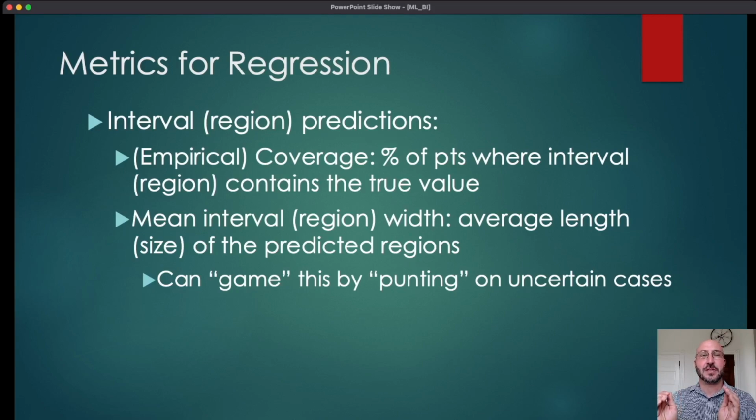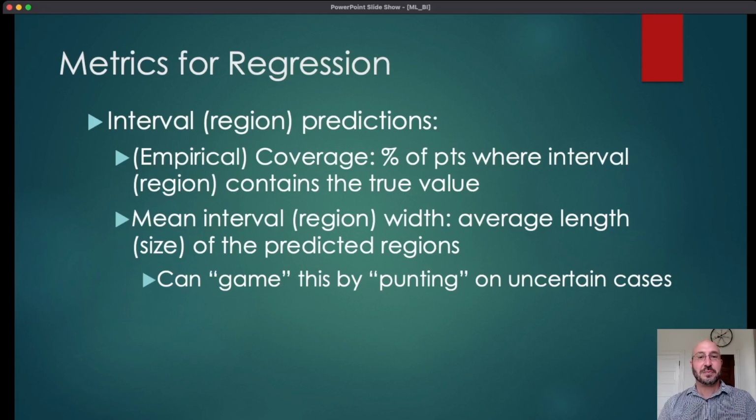So what I'm going to do is, for all the cases where the interval is going to be really wide, I'm just going to predict something really, really small. And basically give up on that case, say, I'm not going to catch this case, so I might as well make a really small interval to bring down my mean interval width. So that's one caveat about using metrics like mean interval width.